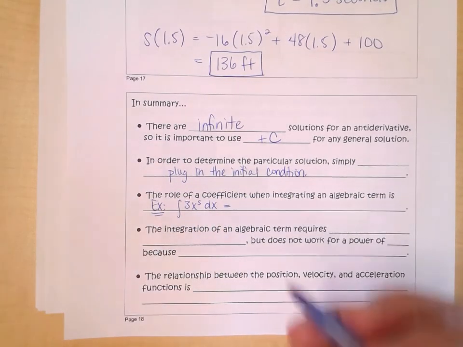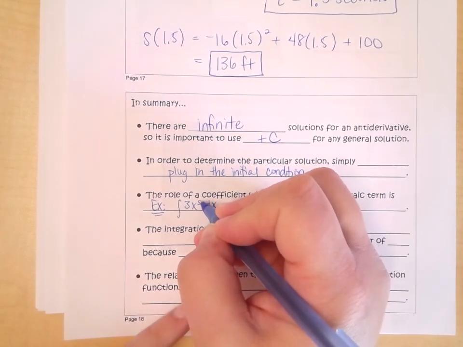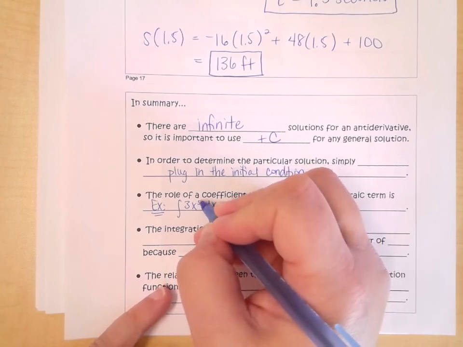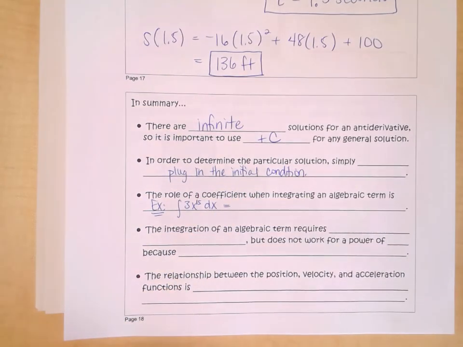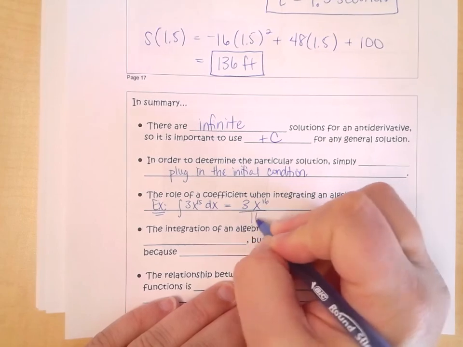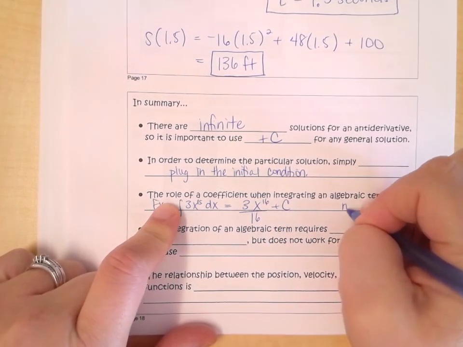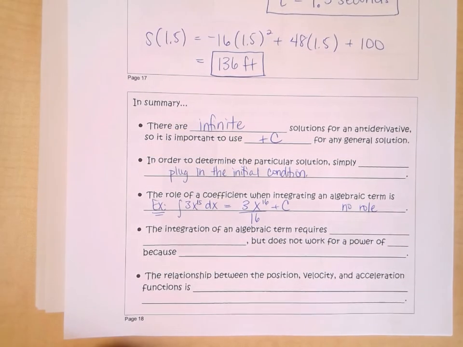Actually, let me do 3x to the 15th. Isn't it just a placeholder since it will just stay out front? It's basically pointless, isn't it? x to the 16th over 16 plus c. The role of the coefficient is basically no role. It's just chilling there.